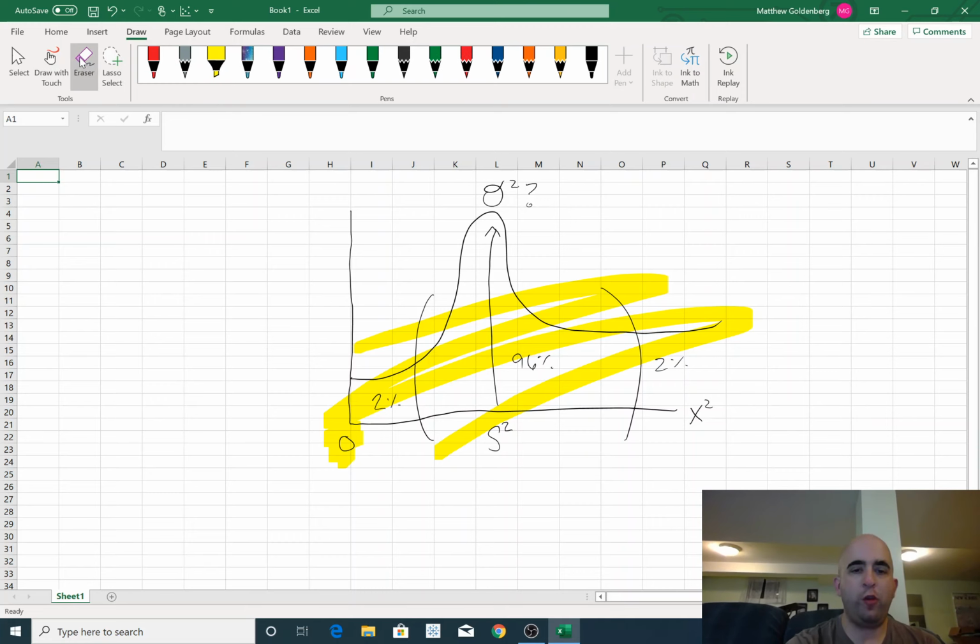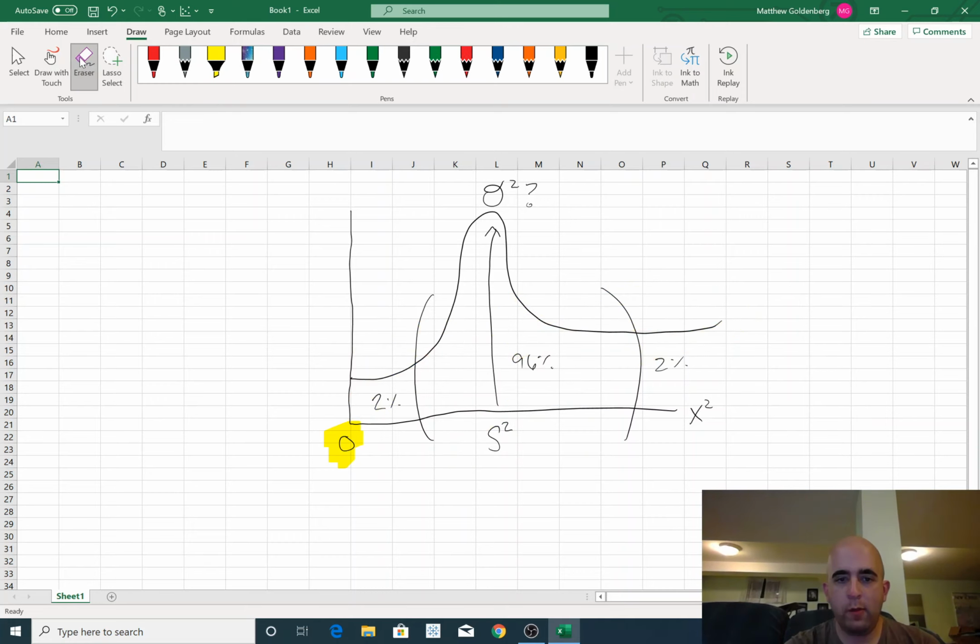But in short, this is the same method that we used when finding the confidence interval for sample means. We're applying the same method to finding the confidence interval for variances.